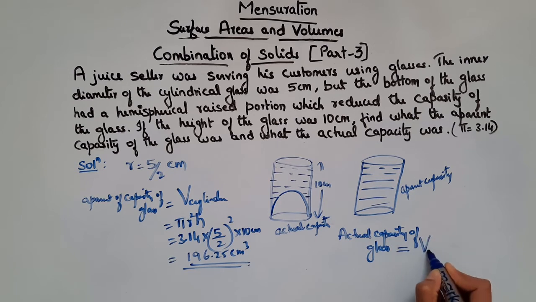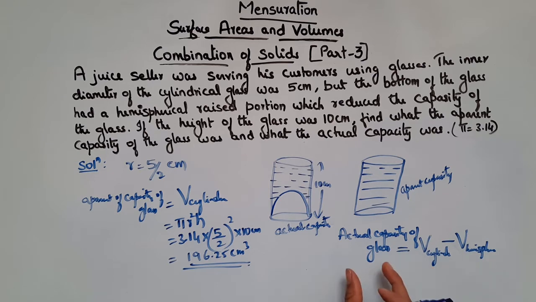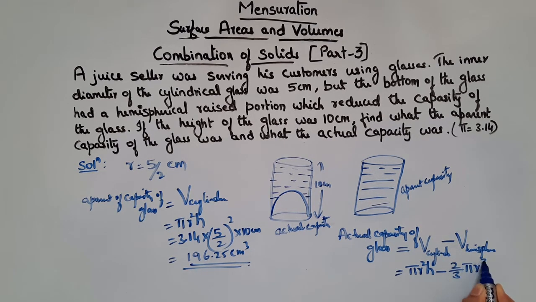This is a hemispherical part, right? So now what is the volume of the cylinder? Volume of the cylinder is given by pi r square h minus, now what is the volume of the hemisphere? Volume of the hemisphere is 2 by 3 pi r cube.